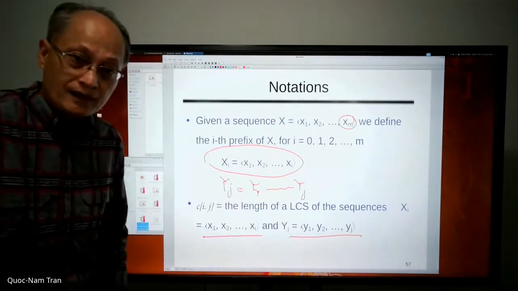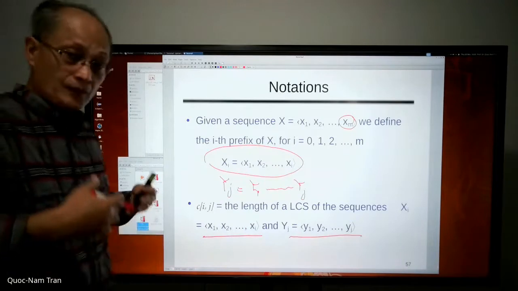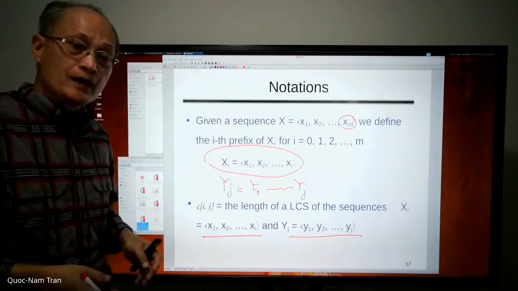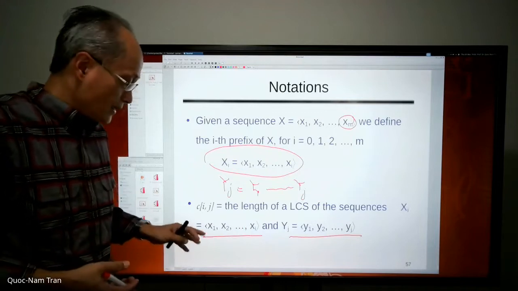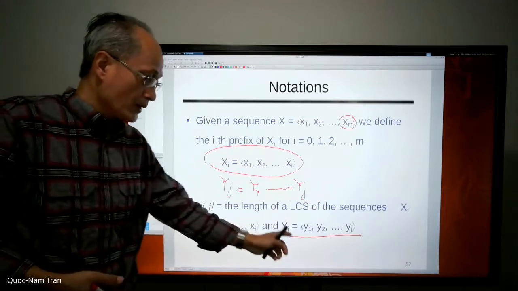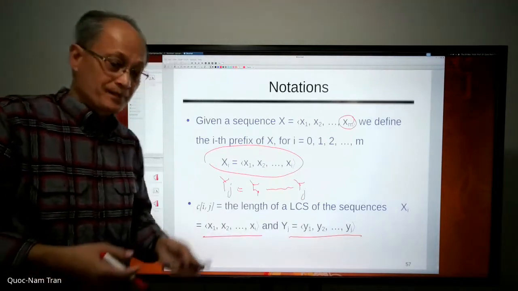Obviously, for the original one, we need to know the longest common subsequence of x1 to xm and y1 to yn, right?